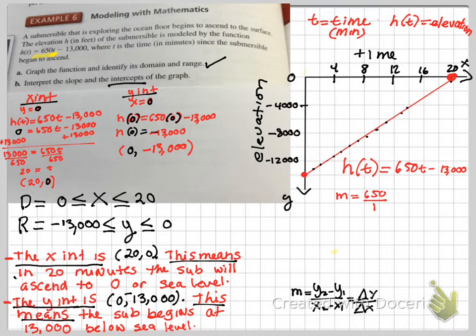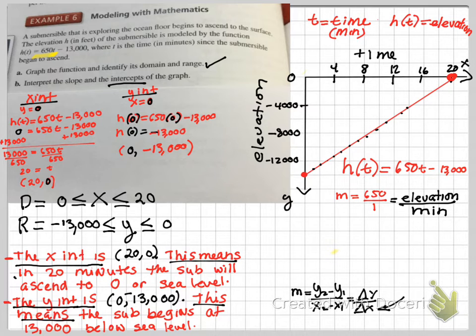Now look at your graph and tell me, notice the numerator is the change in y. So what topic is introduced on the y-axis? That's elevation. And what topic is on the x-axis? That is time in minutes. Does that make sense?